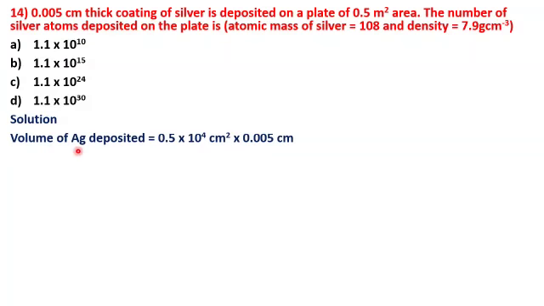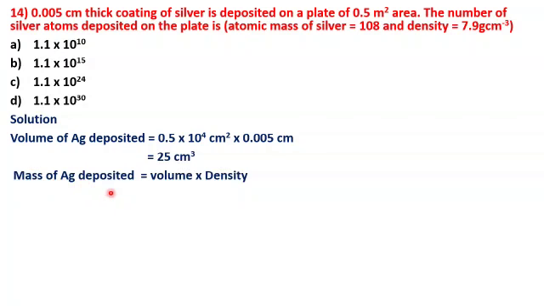First you have to calculate volume of silver deposited. That can be calculated by multiplying area of deposition with the thickness of coating. So area of deposition is 0.5 meter square. So convert it to the centimeter scale. It becomes 0.5 into 10 raised to 4 centimeter square. On multiplying, you will get volume of Ag deposited, that is 25 centimeter cube. So in the next step, mass of Ag deposited can be calculated by multiplying volume with the density.